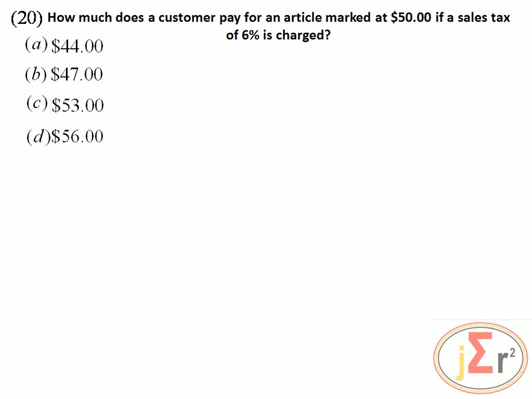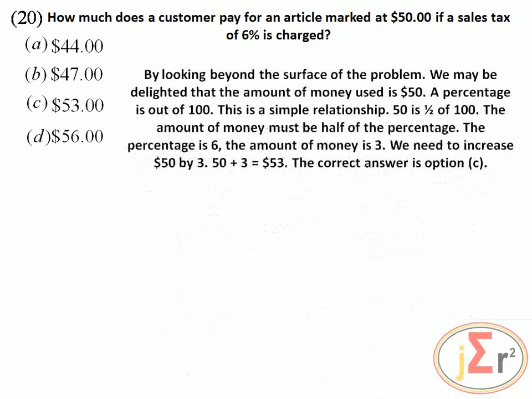How much does a customer pay for an article marked at $50 if a sales tax of 6% is charged? By looking beyond the surface of the problem, we may be delighted that the amount of money used is $50. A percentage is out of 100.